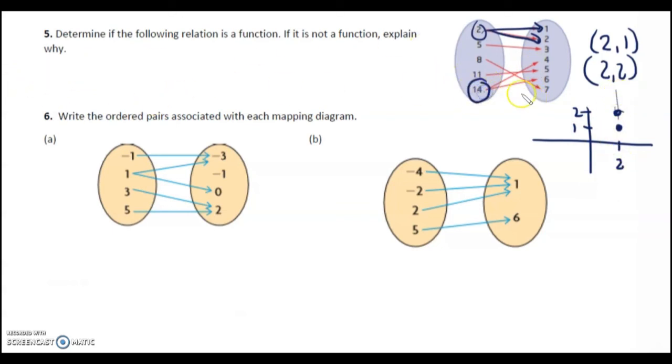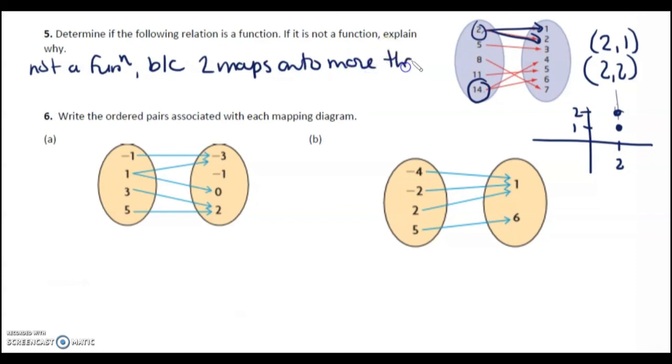Also, 14 maps onto 2 different numbers as well. So not a function. And you don't want to just say that it fails the vertical line test because you're not given a graph, but we can say because 2 maps onto more than 1 y. Or you could have said 14 as well.